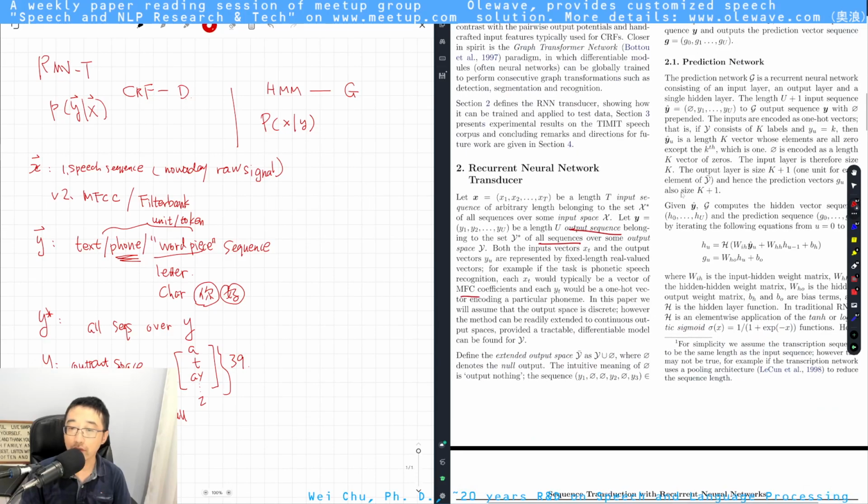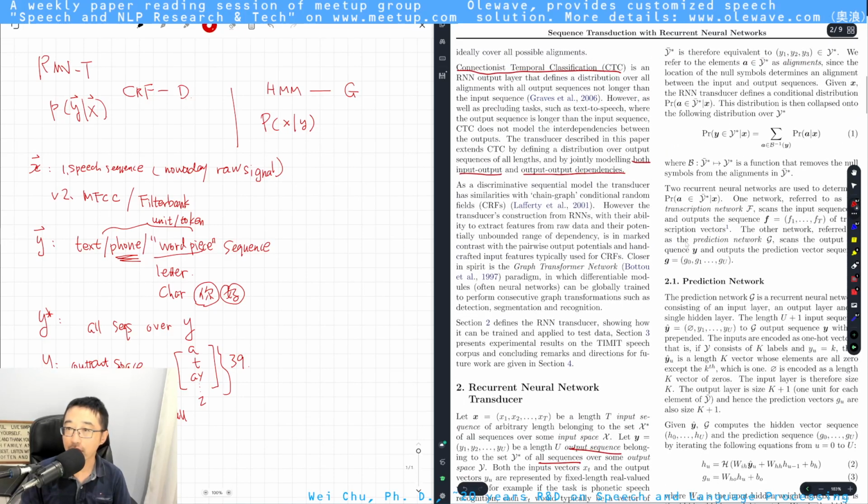So let me ask you this question. What's the purpose of extending the output space? Does that mean he is doing the same thing as he did in the CTC, so that the length of the expanded output y is equivalent to the input sequence length T?